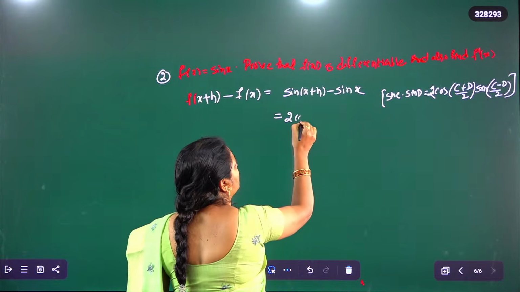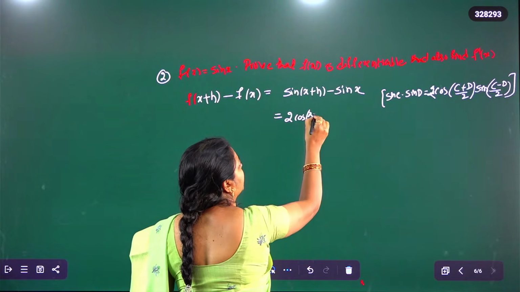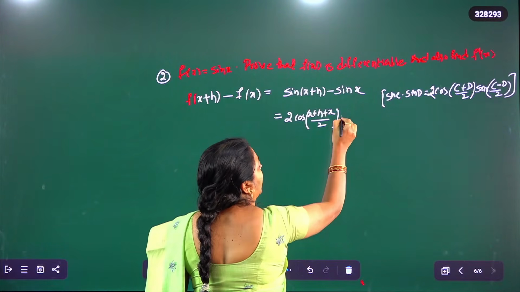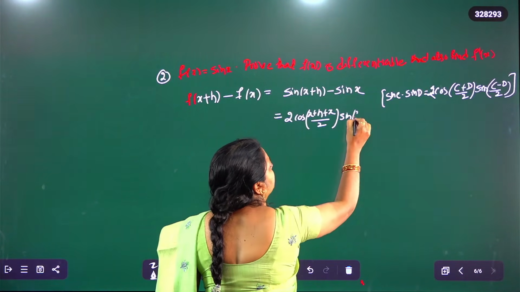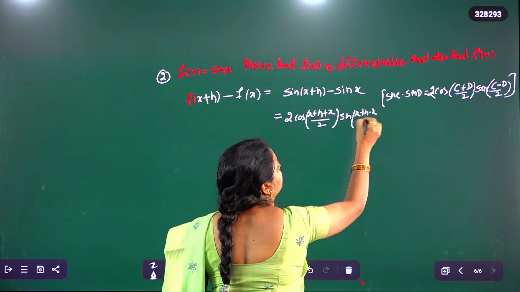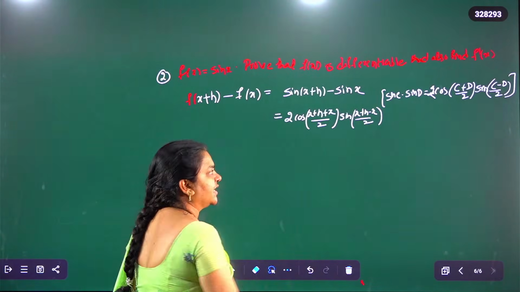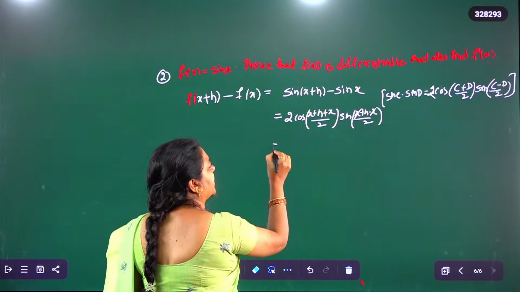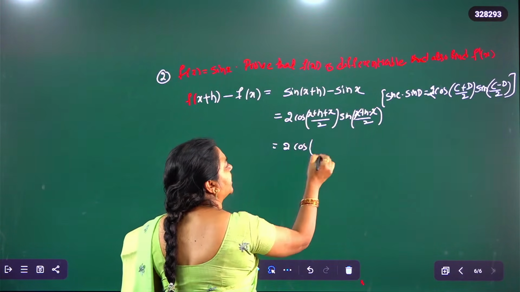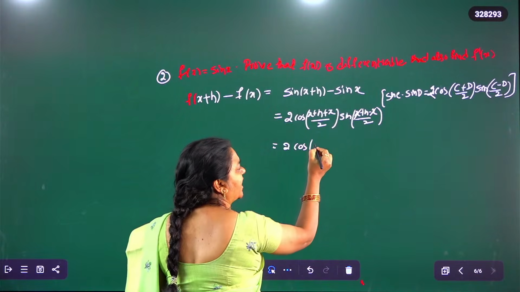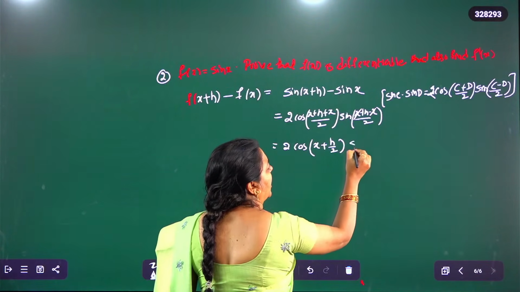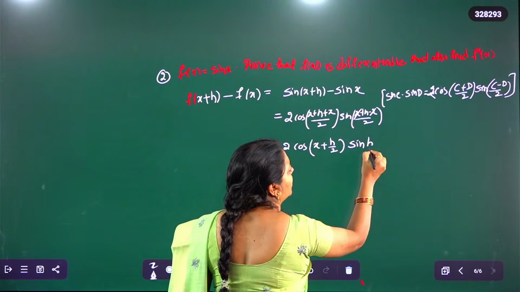So 2 cos of c plus d means here x plus h plus x by 2, and sine of x plus h minus x by 2. Right? Here x and x will get cancelled, and 2 cos, here x plus x is 2x by 2, so we will get x plus h by 2, and here we will get sine h by 2.